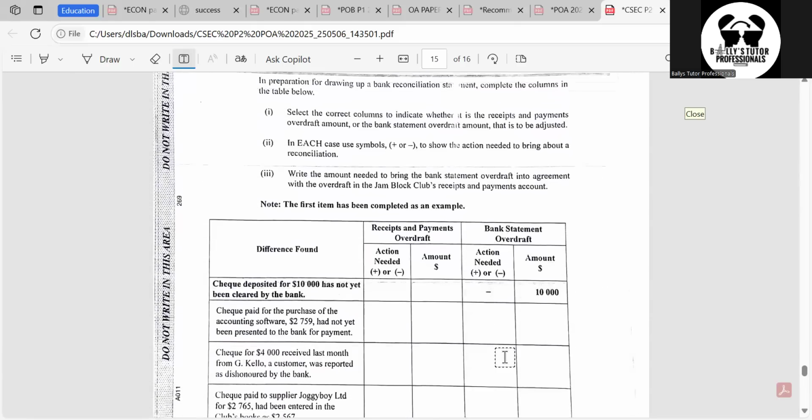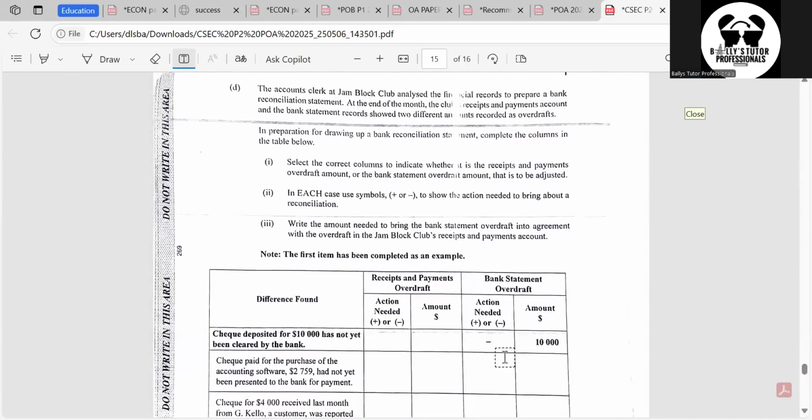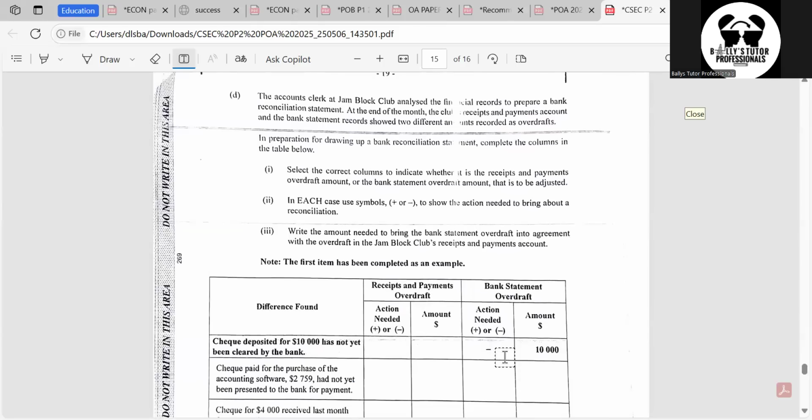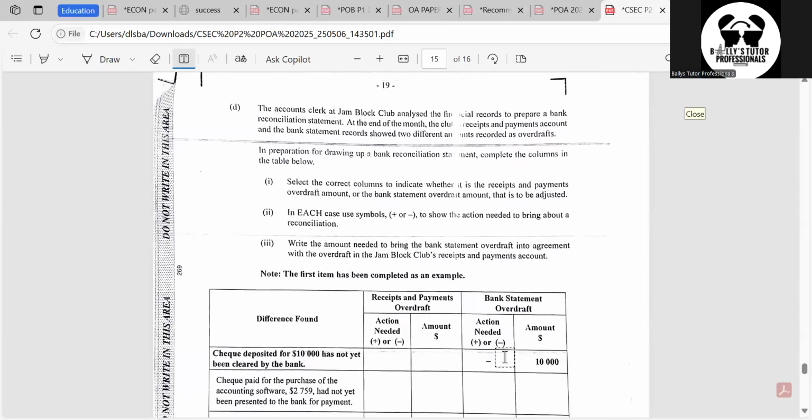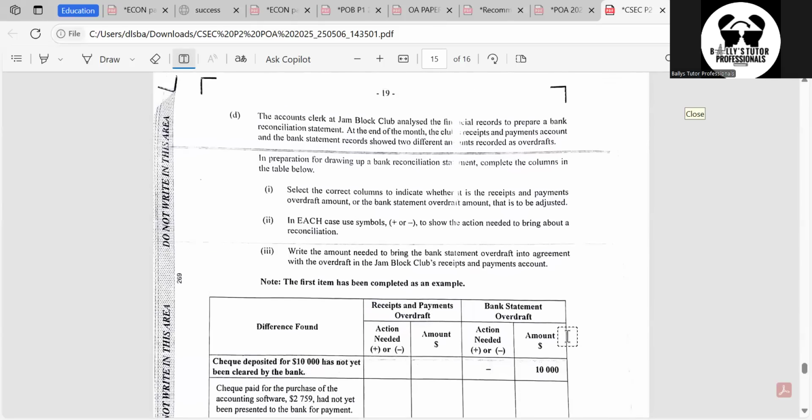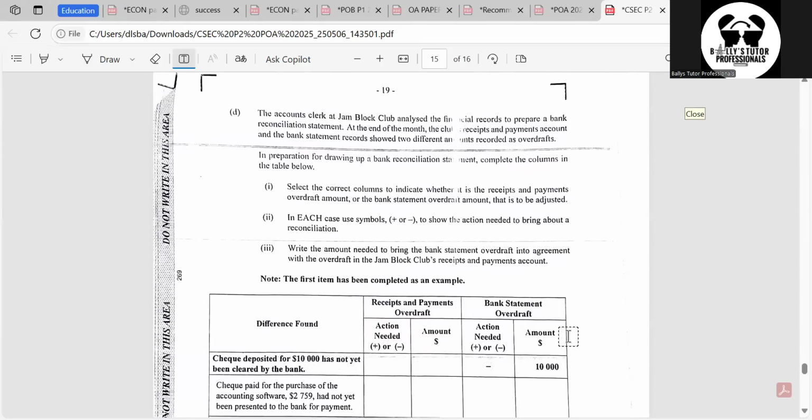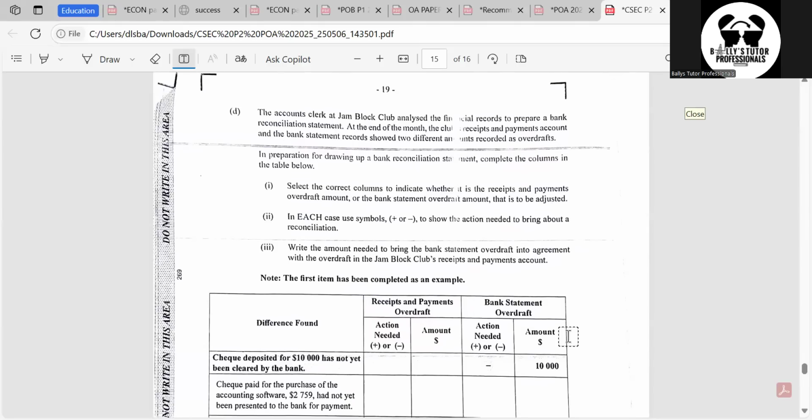Now the last part, they give us a bank reconciliation question. They said the accounts clerk at Jam Block Club analyzed the financial records to prepare a bank reconciliation statement.